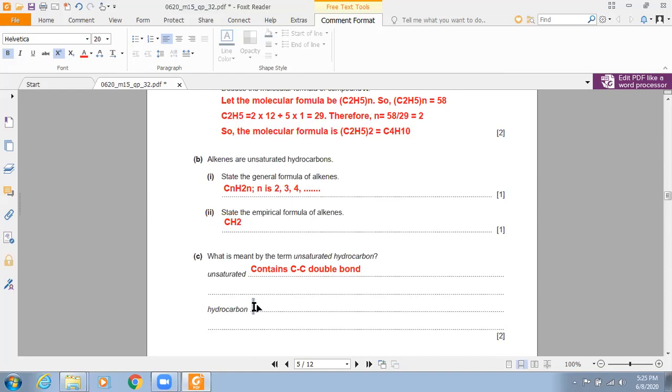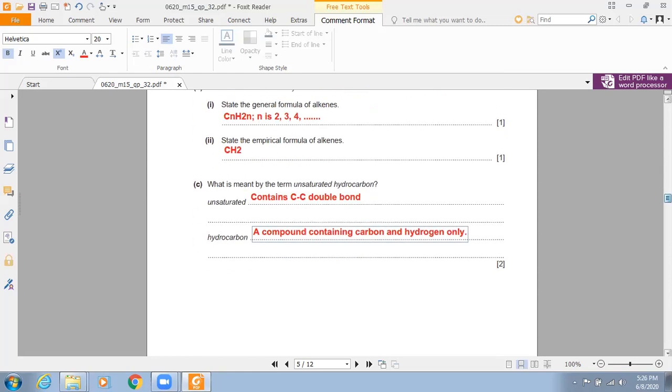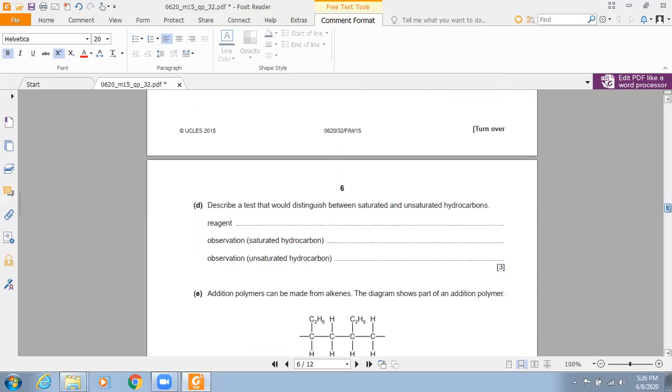If there are double bonds, then it is unsaturated. Okay, then what do you mean by hydrocarbon? A compound containing carbon and hydrogen, right? Okay, I hope it is clear. Did you understand? Till now, no question, right?